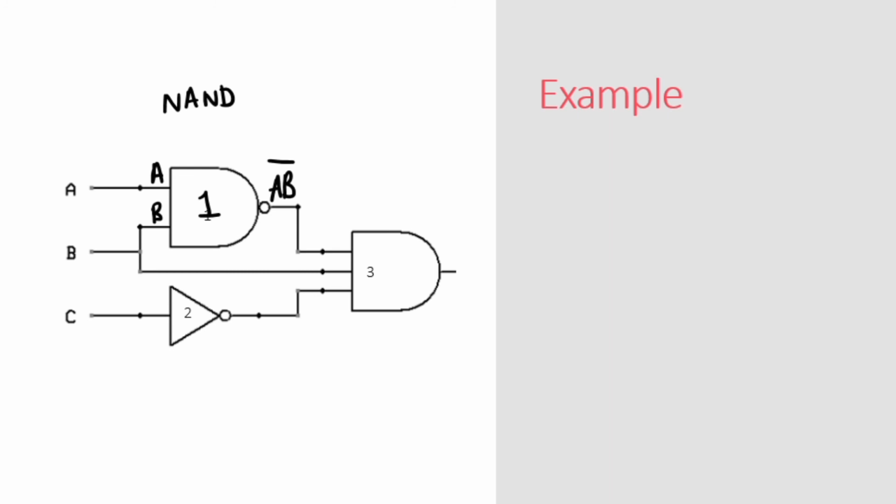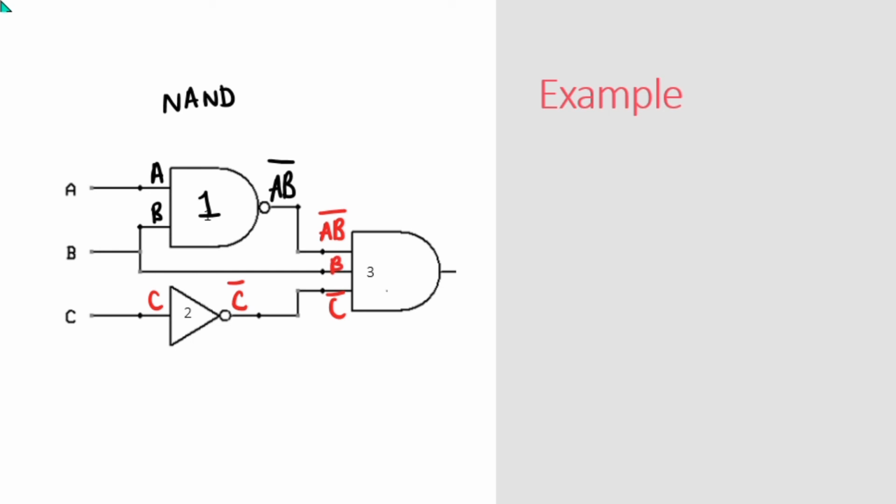Looking at our second gate, I'm going to switch some colors here. It's a NOT gate. C goes in, NOT C comes out. And now we're going to go to our third gate. We follow the wire along. We have NOT C coming in from the top, we have A NAND B. And in the middle, it comes straight from plain old B. So we have a normal, unaltered B coming in.